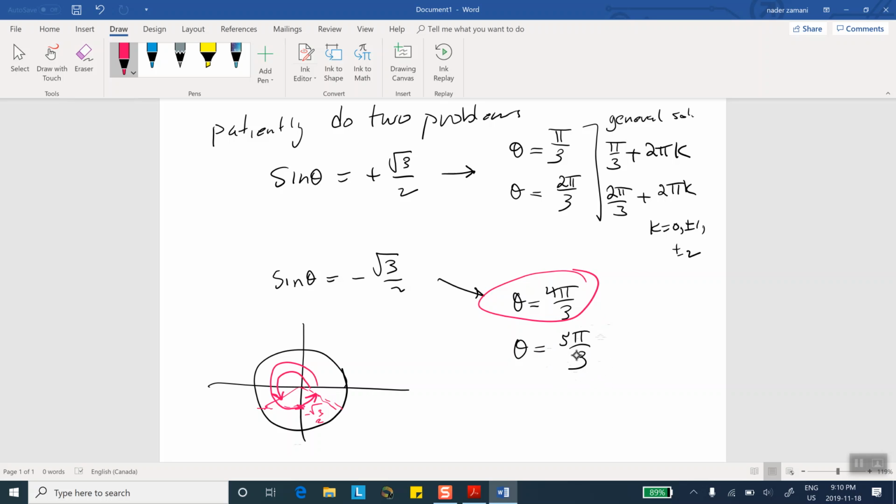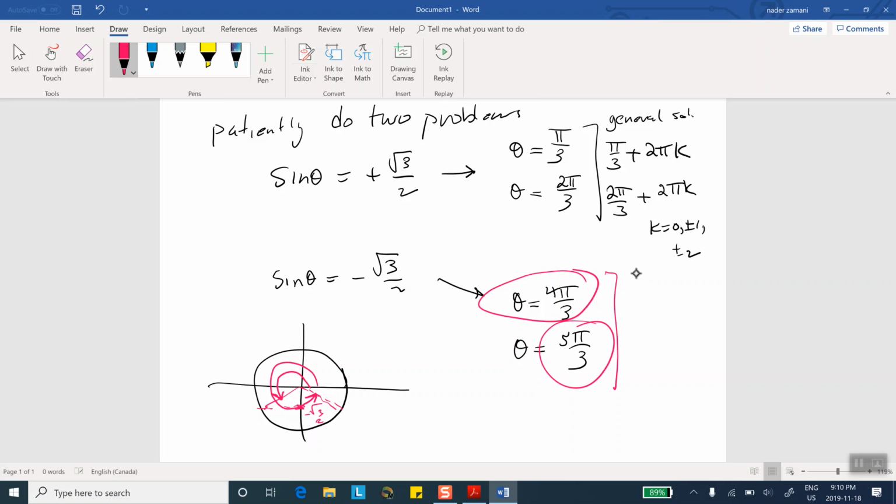How do I know it was 5 pi over 3? I know that I have to go 2 pi and then back up by pi over 3, okay? So 2 pi minus pi over 3 is going to give you 5 pi over 3.